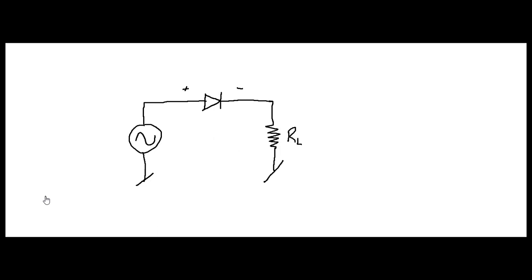All right, everybody. So what I did is I redrew a circuit here. This item right here is what we call an AC source. All right? This puts out a sine wave.